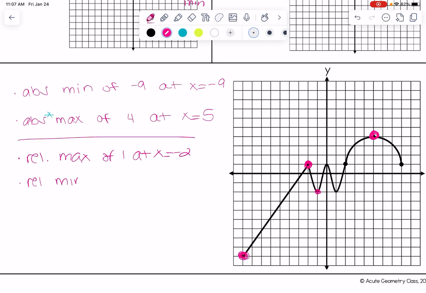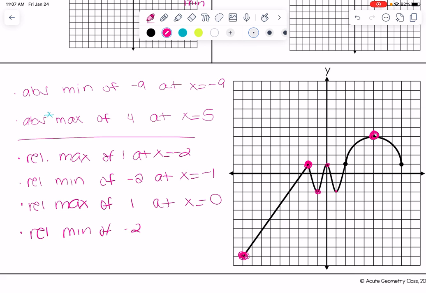So that would be a relative minimum of -2 at x equals -1. Move a little bit to the right on the graph, and I have another relative max. So a relative max of 1 at x equals 0. Move a little bit to the right on the graph again. And I have a relative min of -2 at x equals 1.